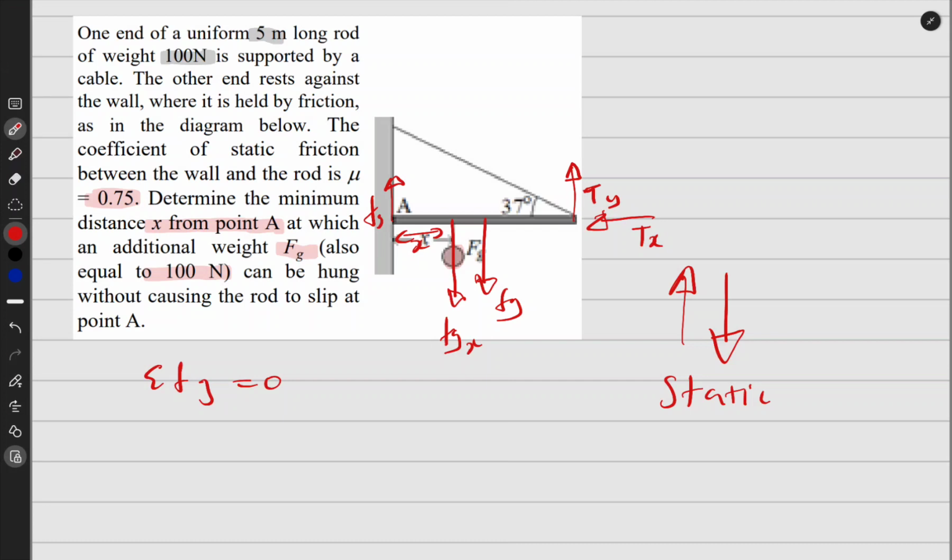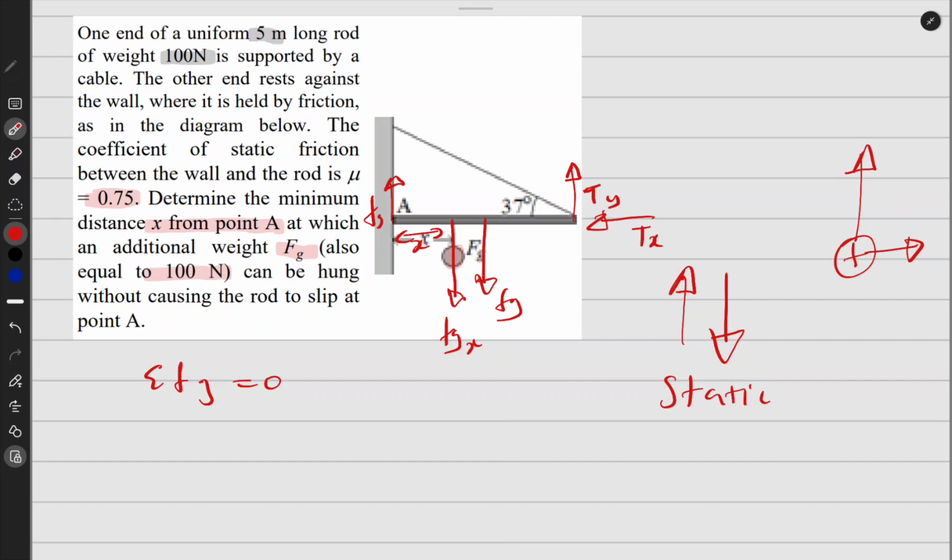Okay, I was looking at the forces along y, so I prefer choosing this way as positive. Most of the time I love that. And let me say this way is positive also.